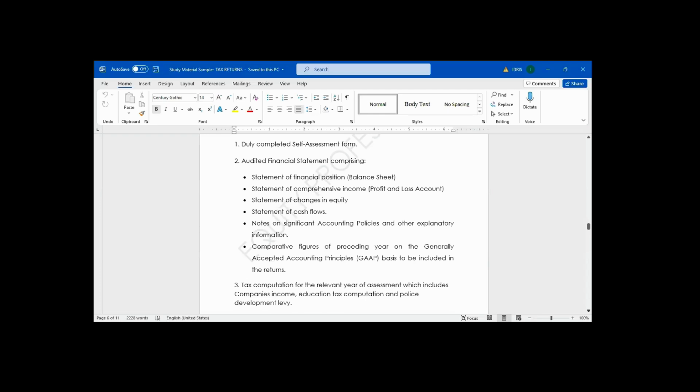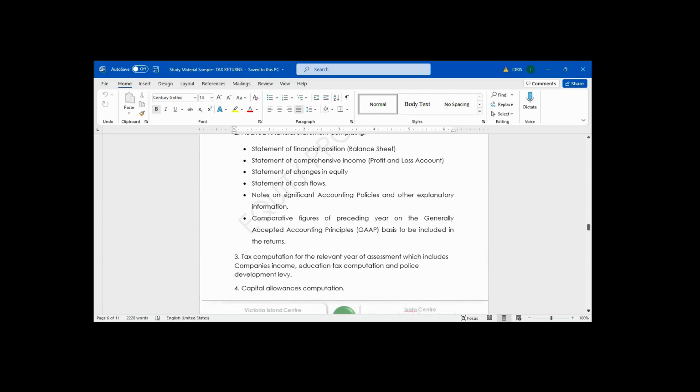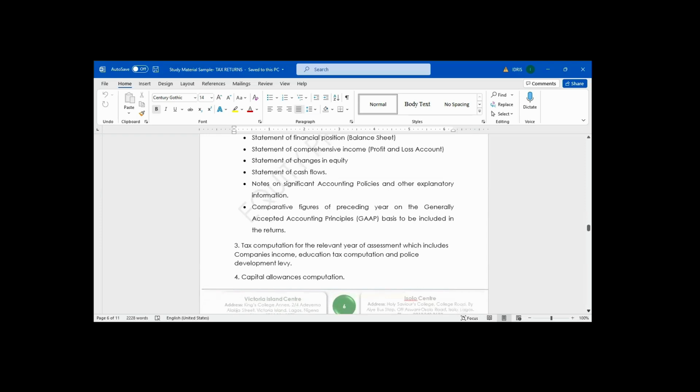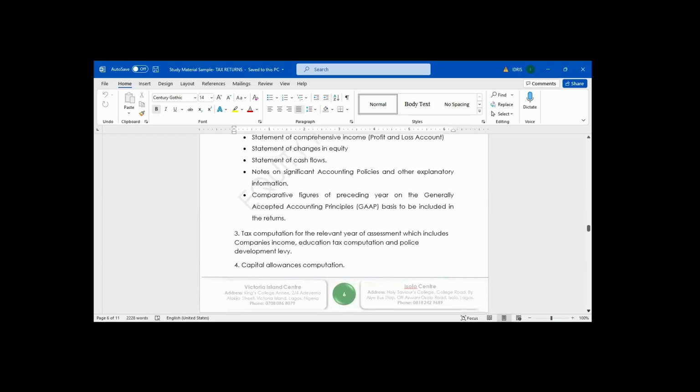Number three content of company income tax return: tax computation. How do you compute your company income tax? You need to put it as part of your content. Your tax computation will include the following taxes: company income tax, education tax, and police development levy. Company income tax, education tax, and what?